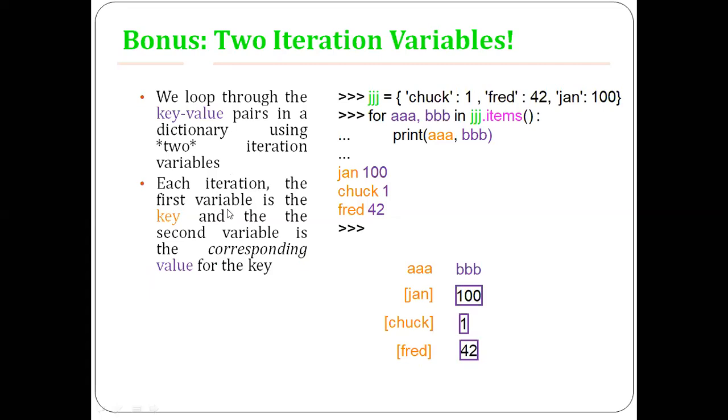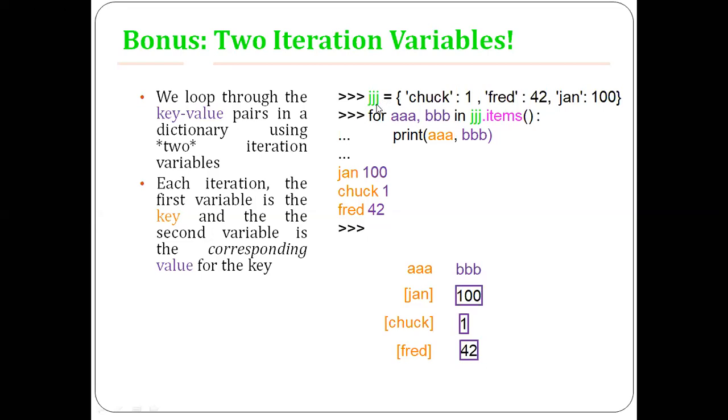For each iteration, the first variable is the key and the second variable is the corresponding value for the key. The first variable will always carry the key, or the lookup tag, and the second variable contains the corresponding value for the key. Let us look at one example here.